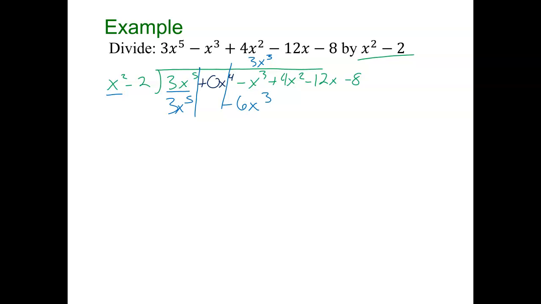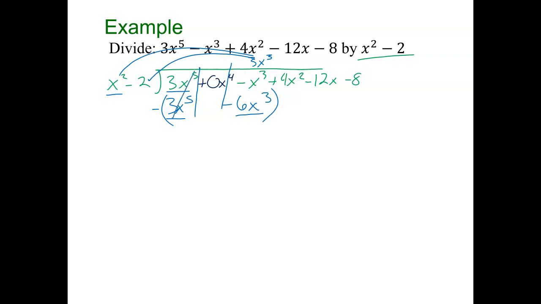Where did I lose you? Multiply this by this. That's where I get this and this. But I want to line up the powers, because I can't subtract negative 6x to the third from 0x to the fourth. They're not the same power. So I need to line it up. Okay, so keep everything in line. So I do my subtraction. Okay, 3x to the fifth minus 3x to the fifth.